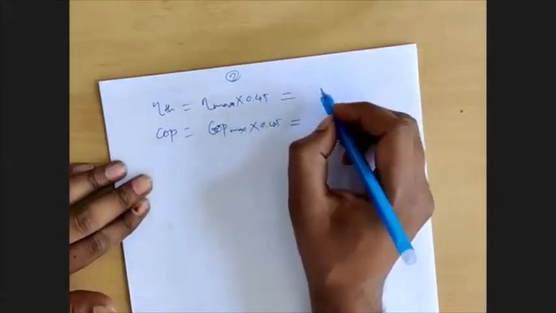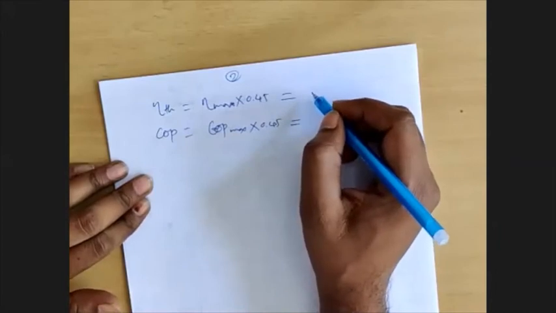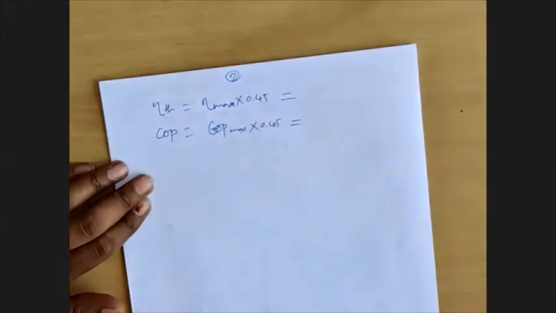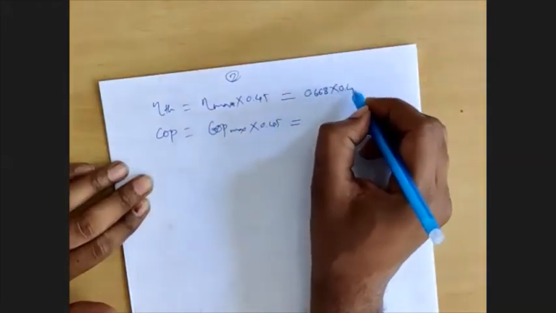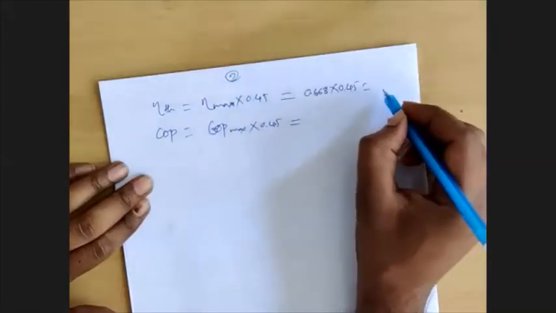So what is N thermal? 0.668 multiplied by 0.45, you will get something.